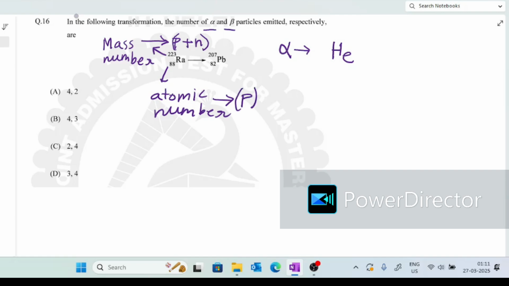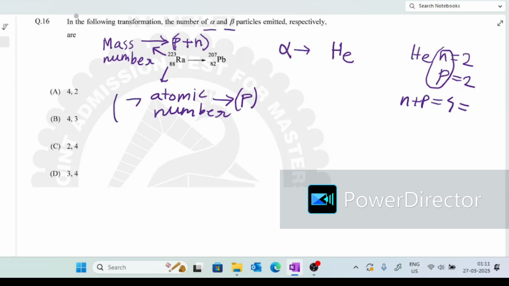Following this convention, for every alpha particle, which is a helium nucleus, helium has two neutrons and two protons. So if we take the total number of neutrons and protons, it is 4, which is the mass number.